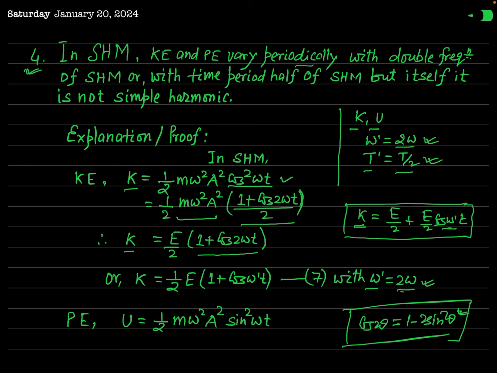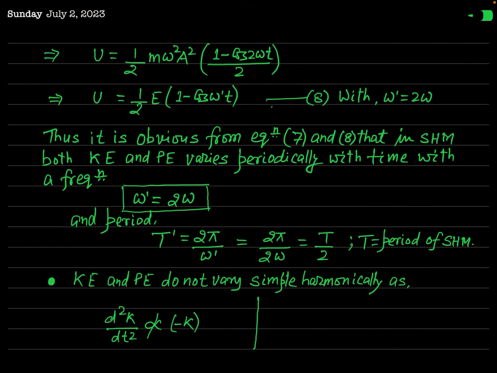Okay, I think you have clearly understood. Now in the similar manner, you can see that the same fact holds for the potential energy too, as U is equal to half m omega square a square sin square omega t, and sin square omega t can be written from this formula as 1 minus cos 2 omega t over 2.